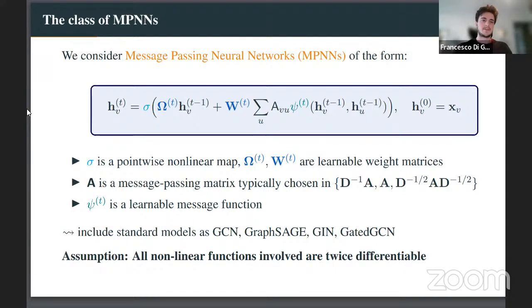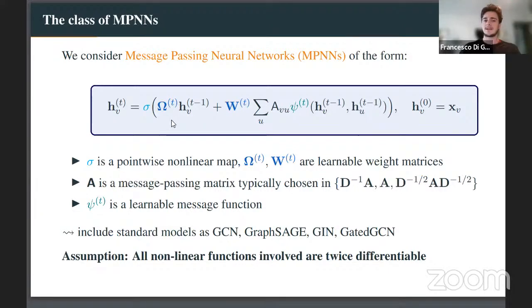So let's try to be slightly more specific, and let's consider the family of message passing neural networks. I will actually consider a slight subclass of them, which is the one I can write down in the blue box. I start from the input feature x_v, and then I update the features of each node recursively through layers, so that at each layer t, the representation of node v is given by the action of a pointwise nonlinear map sigma.